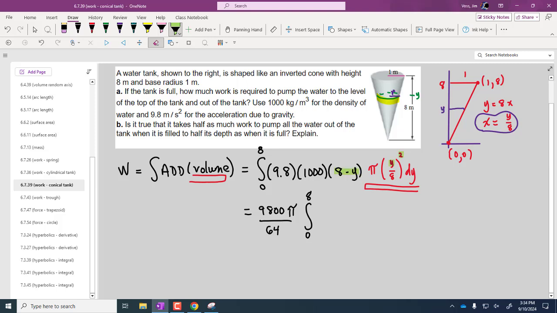Everything else factored to the front. So that's going to be 8y squared minus y cubed dy. Integrate, and make sure that you have units, Newton meters or joules.